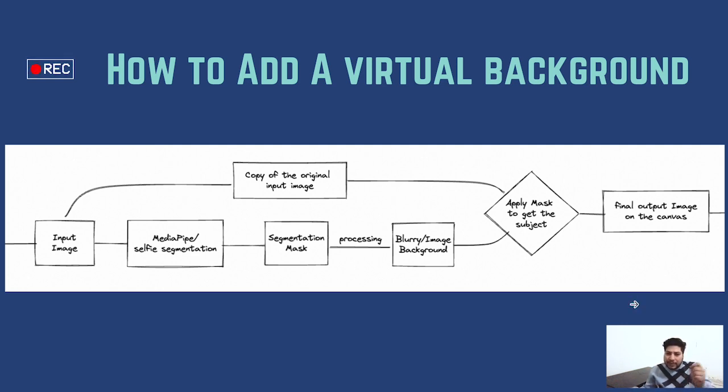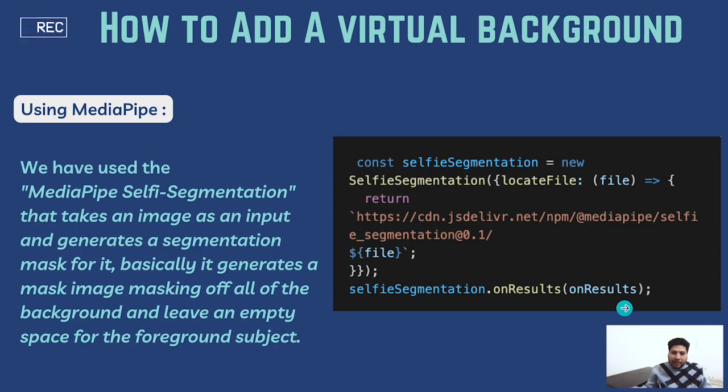Now with the help of this segmented background, you can change the background of the video. So this is how we can call this selfie segmentation API. We need to pass the input data, and from the file it returns the segmented background.